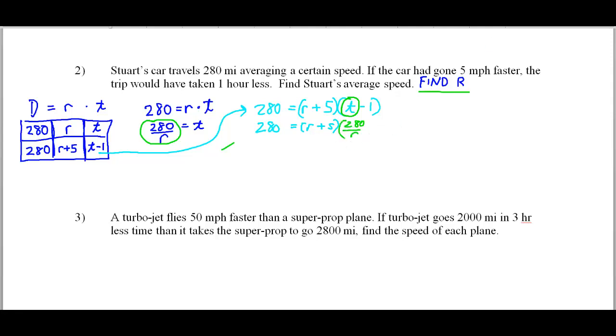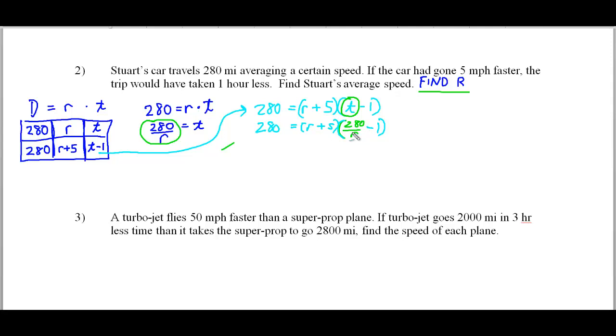Then I change it back to the other color, so you can see that the only thing I did was substitute in that 280 divided by r for the letter t. So what I have now is a FOIL problem that I can use to get what I need.